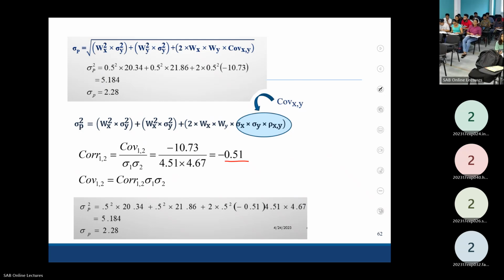Negative. So you can interpret that when the stock returns of x increased by 1% at a particular time in the economy, y return is decreasing by 0.51 because they are negatively related.